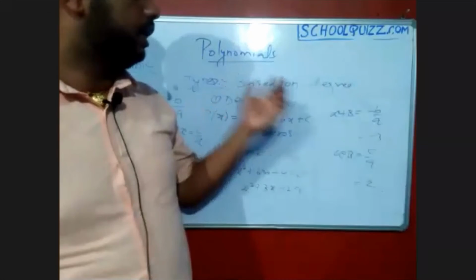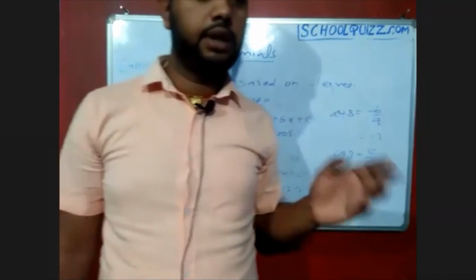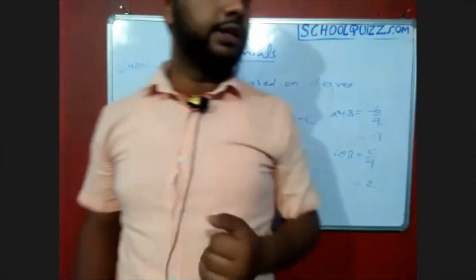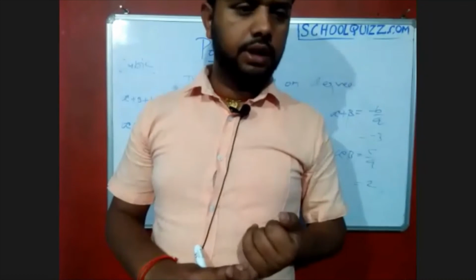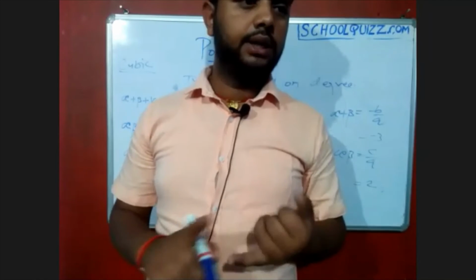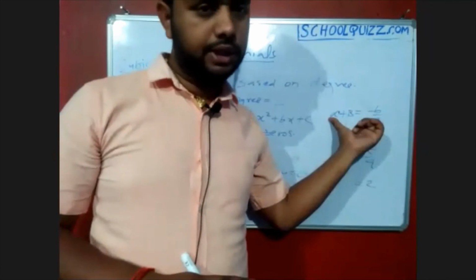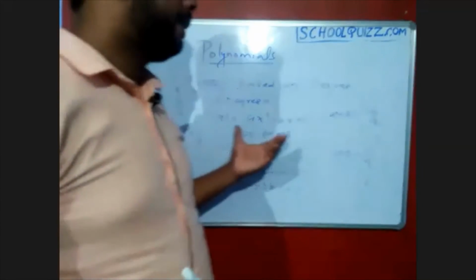And another one will be to find the zeros of the polynomial and verify that. Especially in the quadratic polynomial, they will first ask you to find the zeros, and then verify with the coefficients whether they are true or not according to the relationship between the coefficients and the zeros. Okay, so these two or three questions they will ask you from this topic.